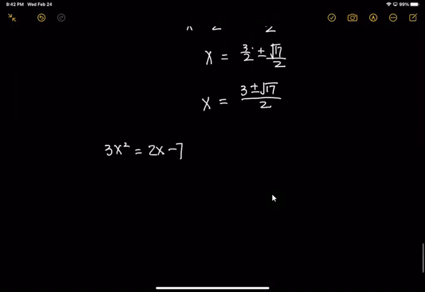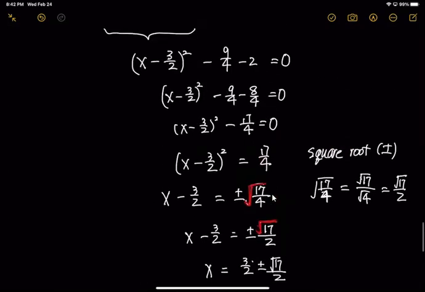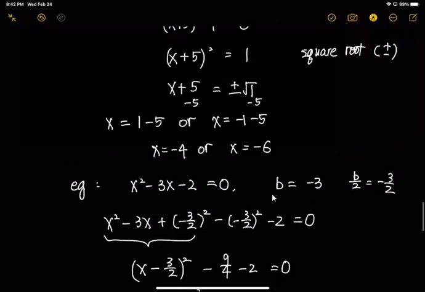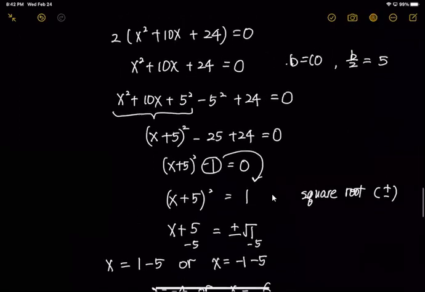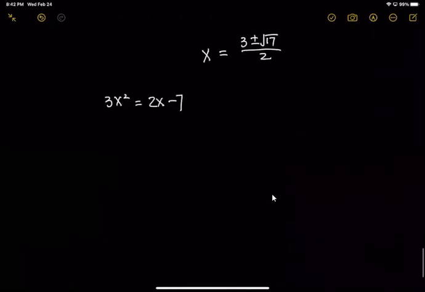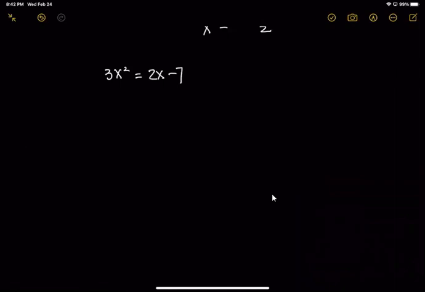Eventually, our c, we are always moving back to the right side. Look, in our previous one, the -1, which is our c, we moved back to the right side. So maybe we can just leave the c on the right side, and then we subtract 2x on both sides. I have 3x squared minus 2x equals -7.